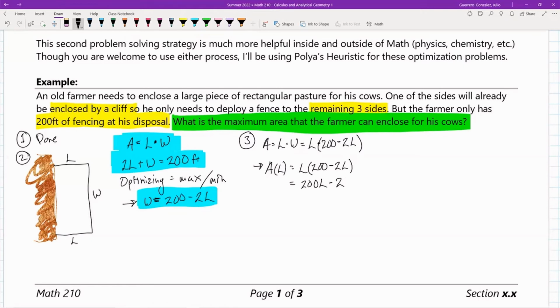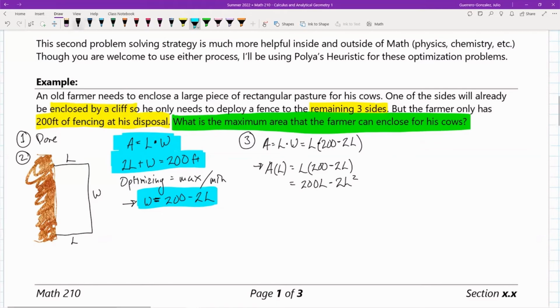200L minus 2L squared. So remember how we said in step 2, we want to maximize or minimize this area right here, right? We know from sections 4.3, 4.4, 4.5 that the maximums and minimums for stuff happen at critical points, right?